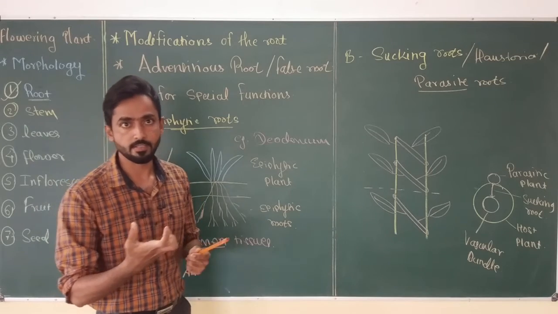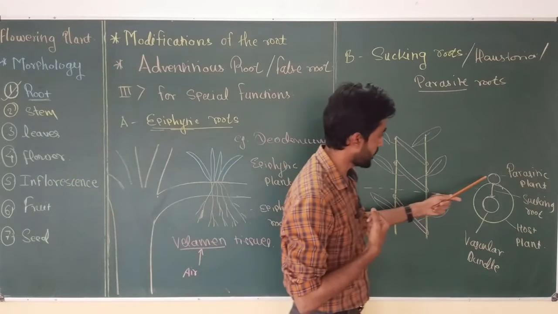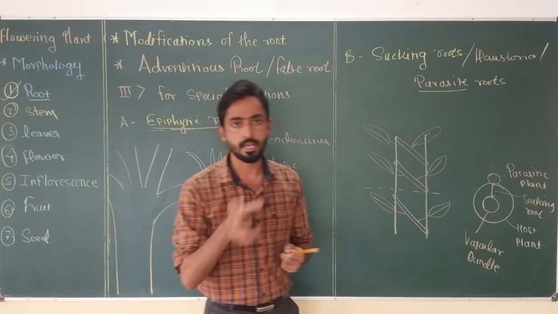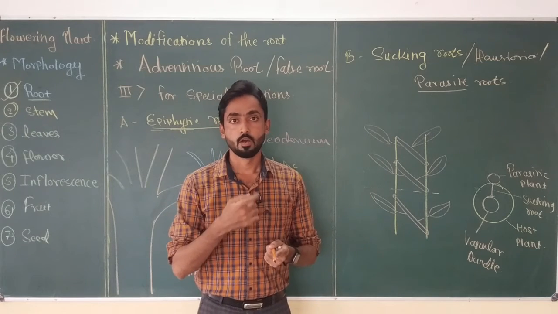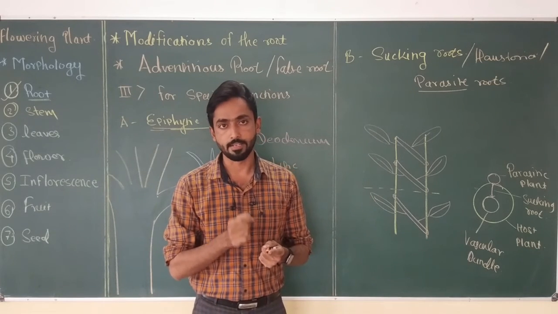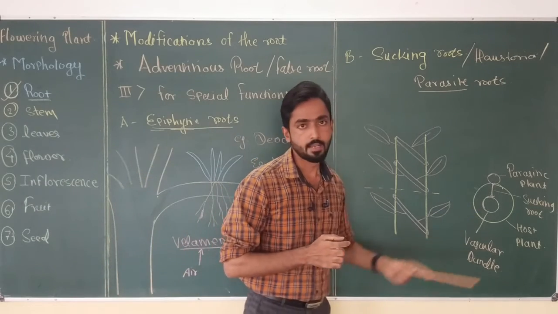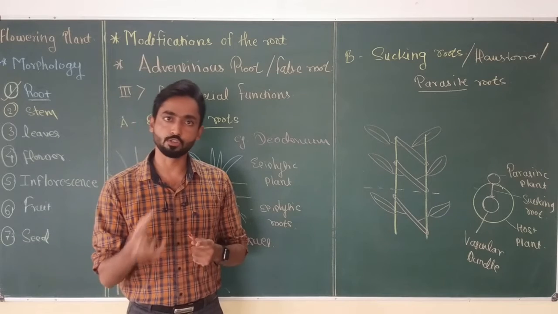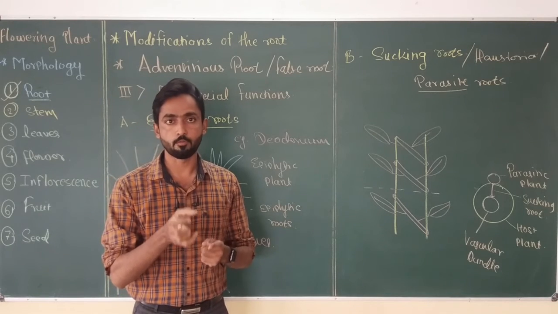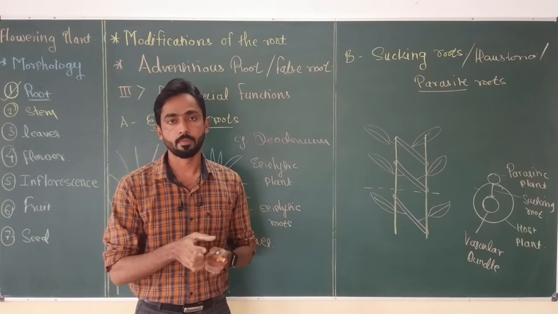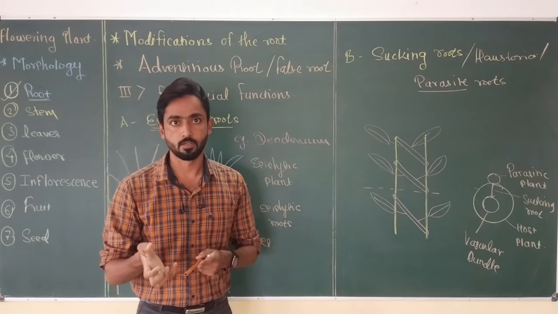In case of incomplete sucking root, they only reach the xylem and then they absorb water and minerals from the xylem. While in case of complete sucking root, they reach the vascular bundle and they absorb both: from xylem, water and minerals, and from phloem, nourishment or food material.